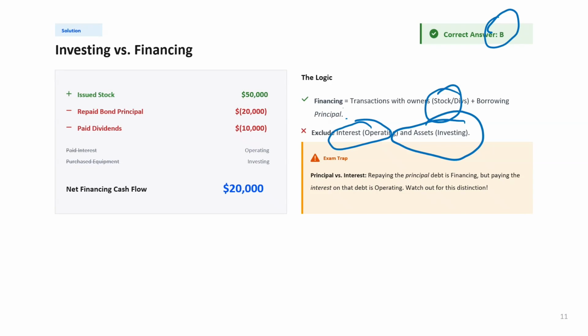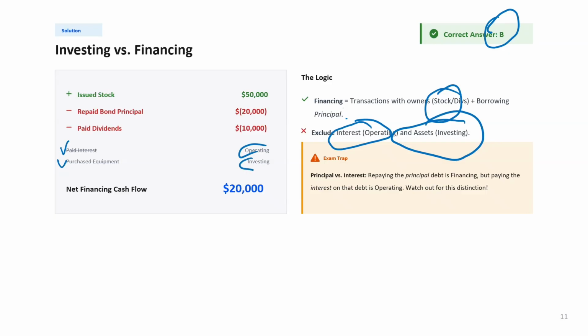So in the exam, you may see things like repaying the principal debt, that's financing, but paying the interest on that debt is an operating expense. They like to test this distinction. So when we look at the question, the ones we had to exclude as noise are the interest one and the equipment one, because one is operating and the other one is investing.